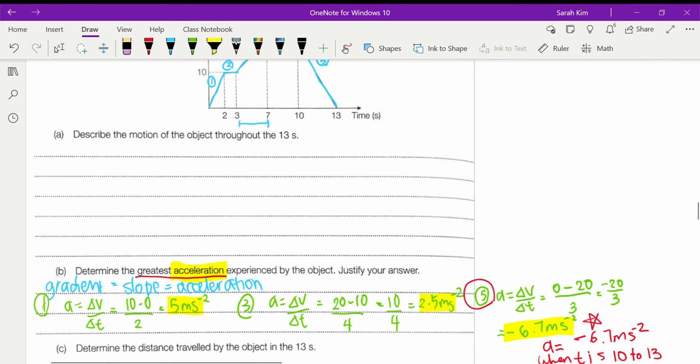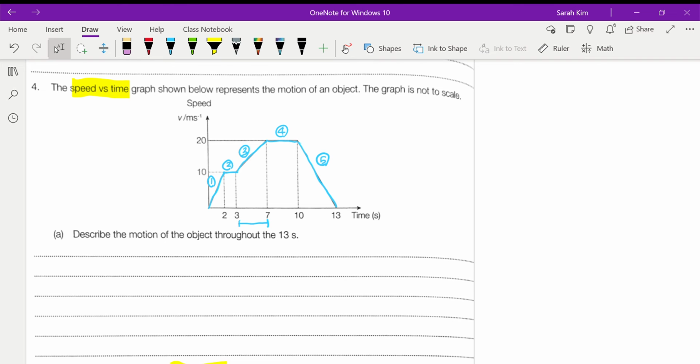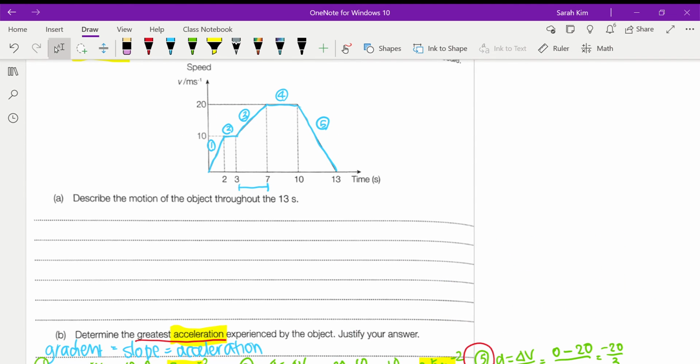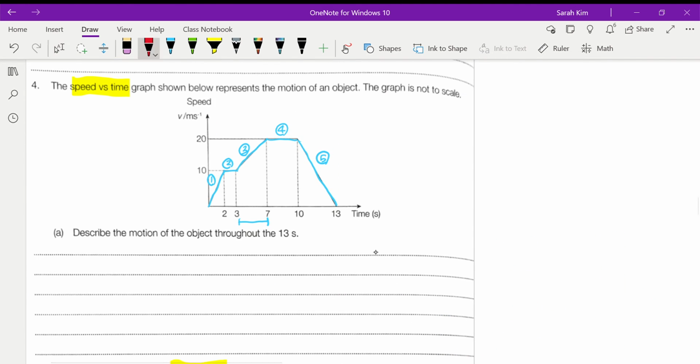If we have a speed versus time graph, the slope gives us acceleration, and the area under the curve gives us distance.